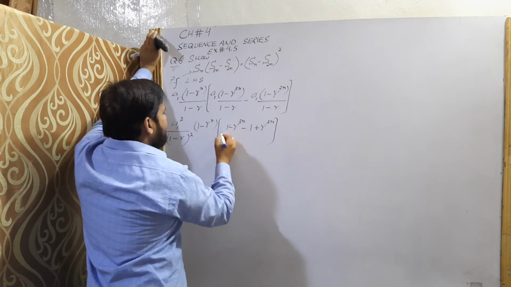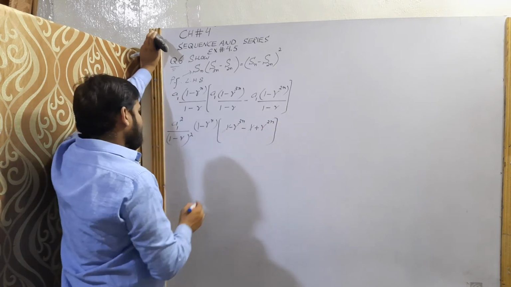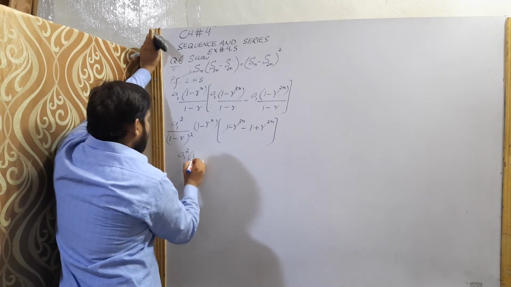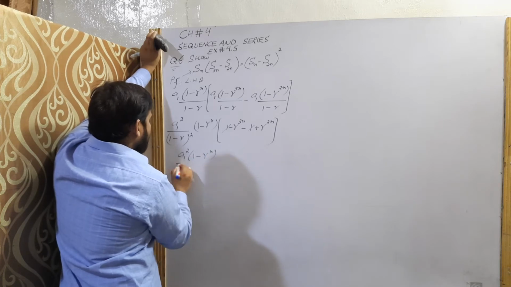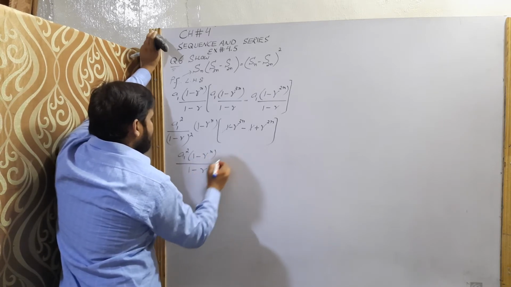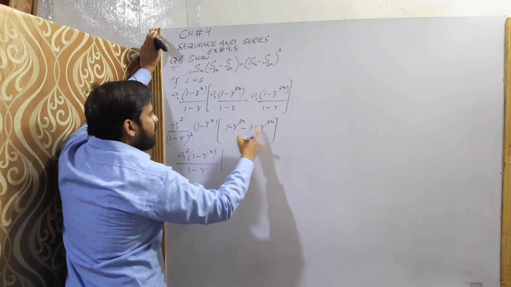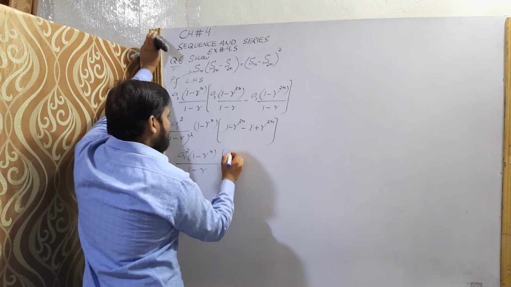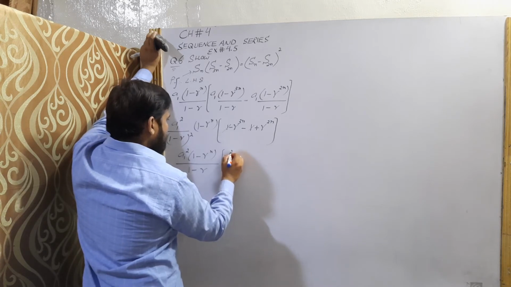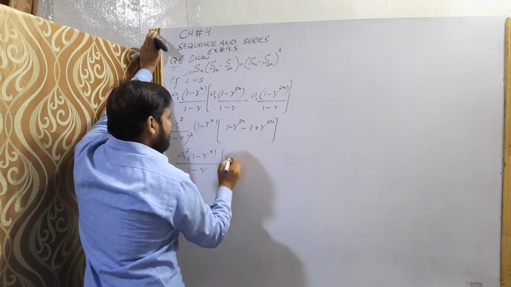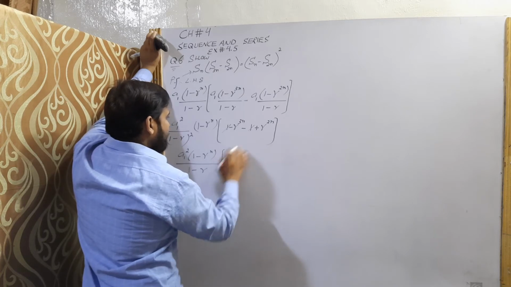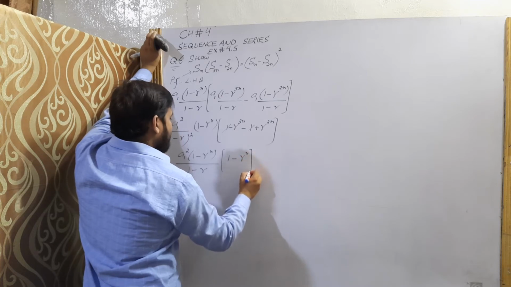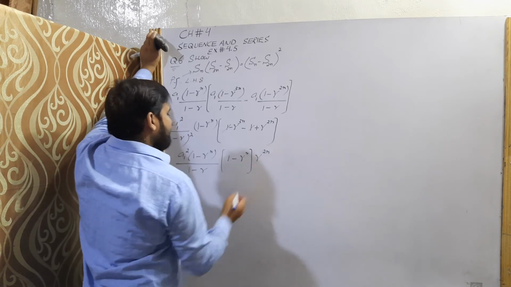After simplification, the positive and negative signs cancel, so there is a1 square (1 minus r power n) divided by 1 minus r, and r raised to power 2n is common in this case, so there must be 1 and r raised to power n.